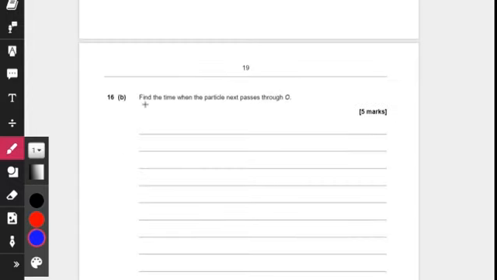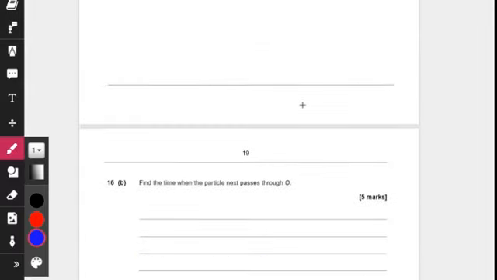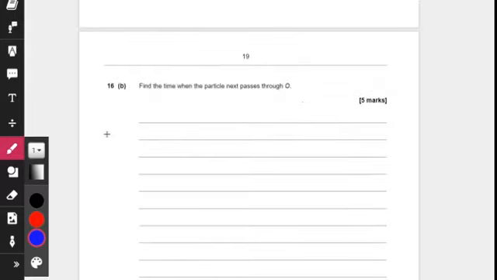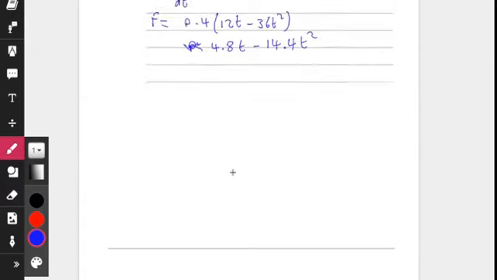We want the time for when its displacement is actually at 0, or at O. So v is equal to 6t squared minus 12t cubed, and then we want to work out the displacement.